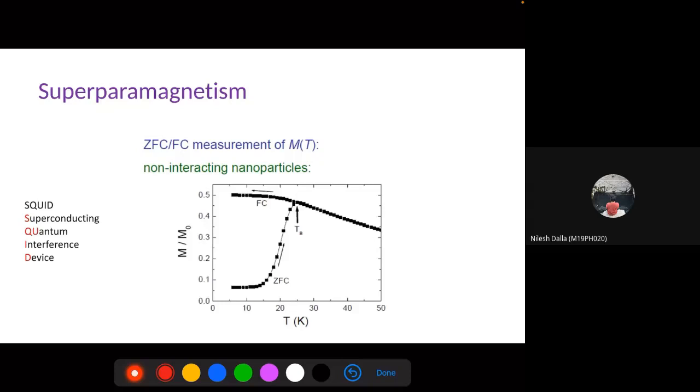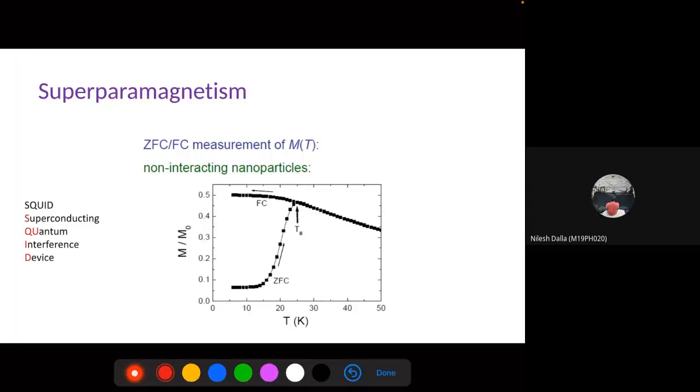So for the same 20 nanometer iron particle, if the fluctuation time is 5 seconds and I am measuring in device 1 with a 1 second resolution, I'll say I do not see any fluctuation, so probably this is in a frozen state. But if I measure for 10 seconds in another device, the blocking temperature in that case will be higher. So it depends on the measuring instrument.